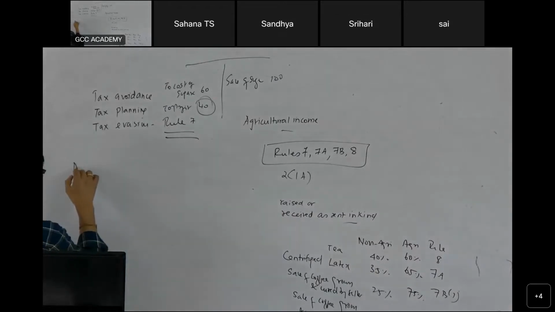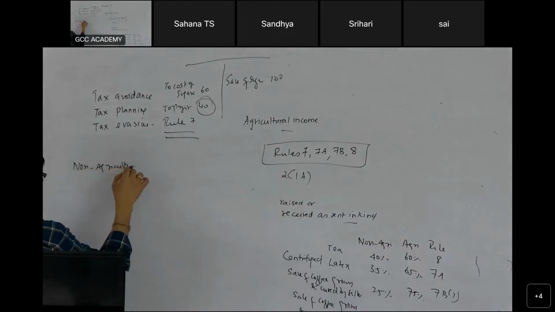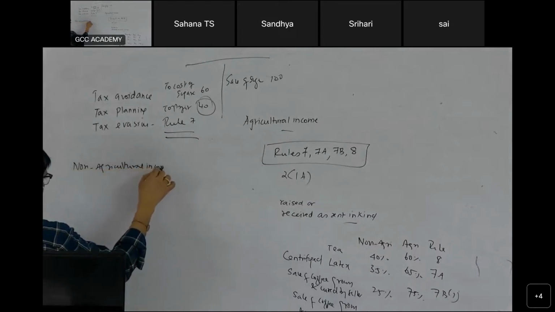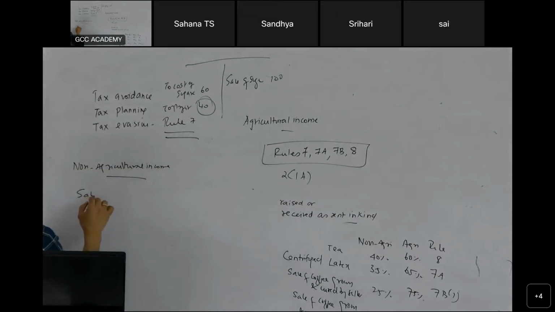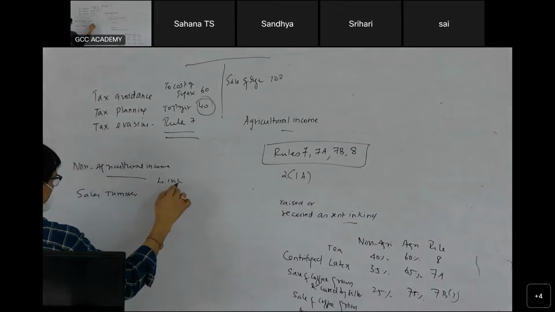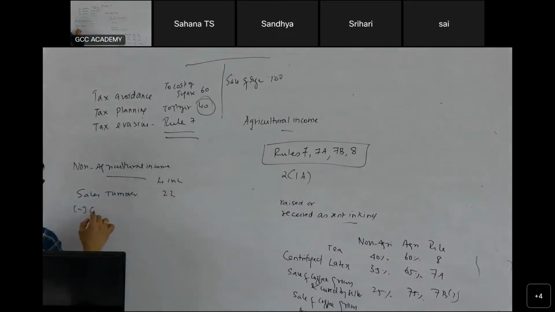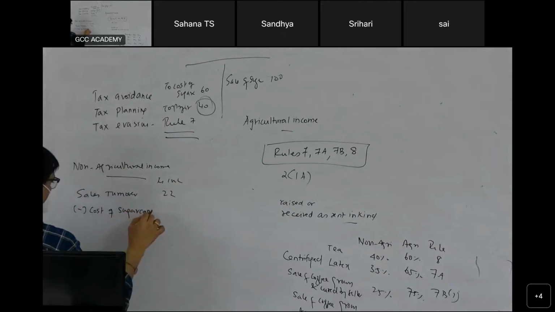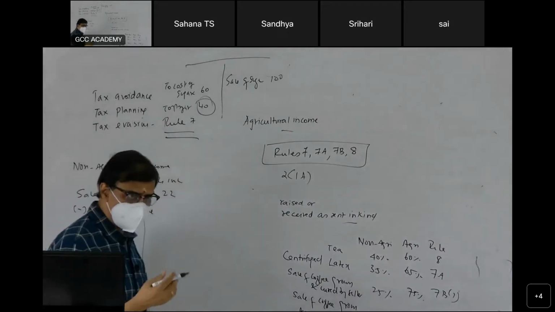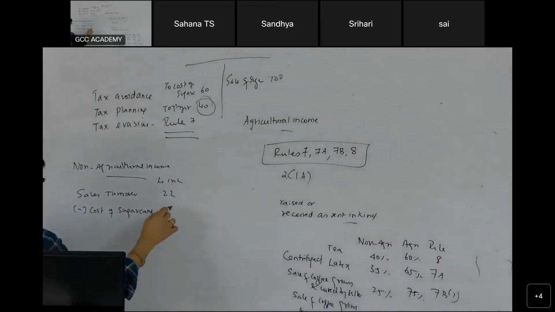So non-agricultural income, I'll first tell you how to derive it. That is business income. Sales turnover of sugar, less cost of sugarcane, the input cost, which is the market value of the sugarcane used as input, less other manufacturing cost 6.